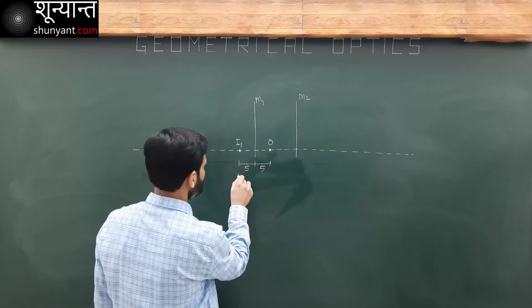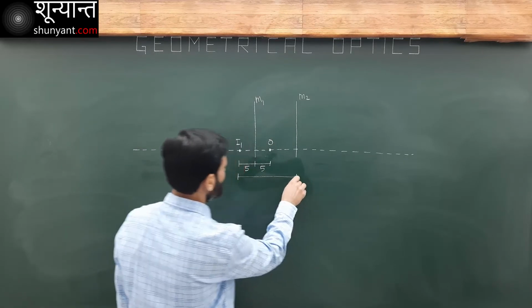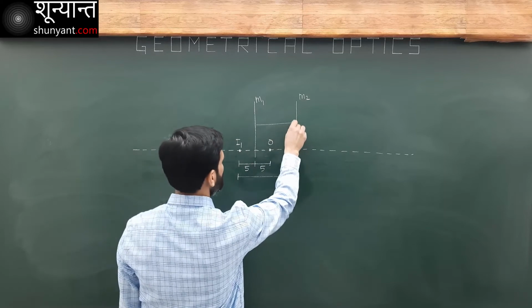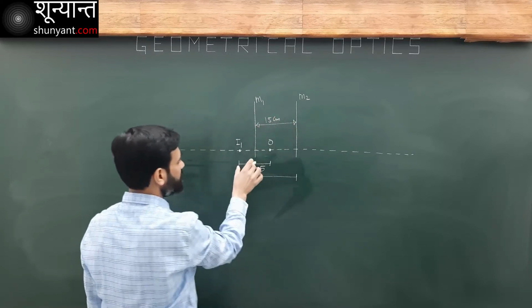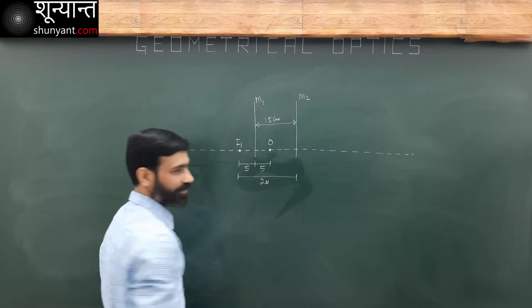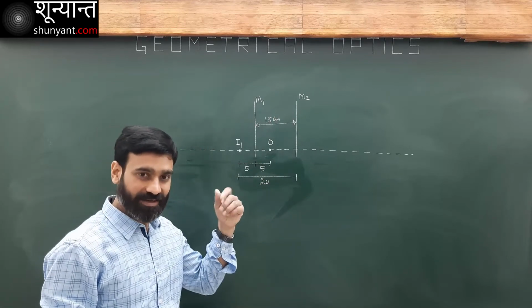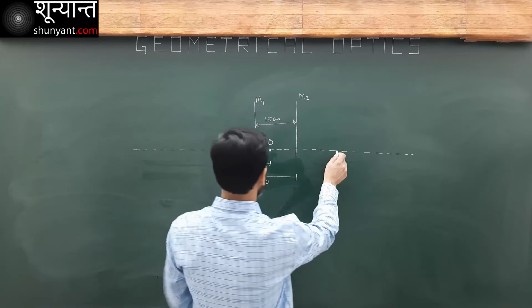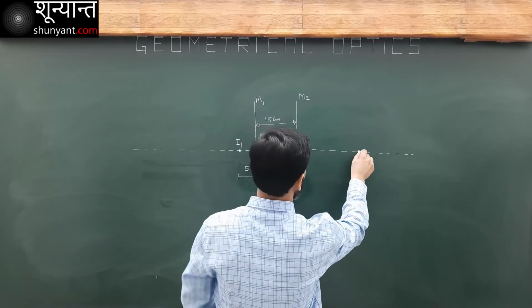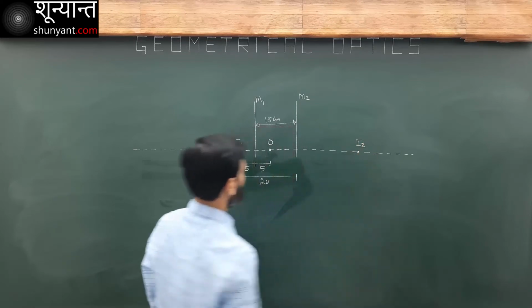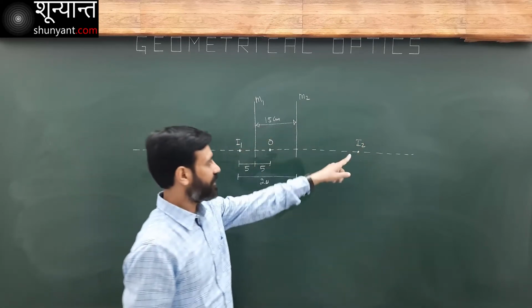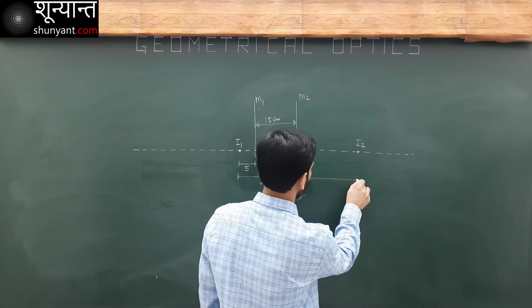What will be the object distance? From here to here, this is 15 centimeter. 15 plus 5, it becomes 20. Image will be the same distance behind the mirror. I am going to get my image at the same distance here behind it. This is going to be my I2. First image, second image. This distance is going to be 20.